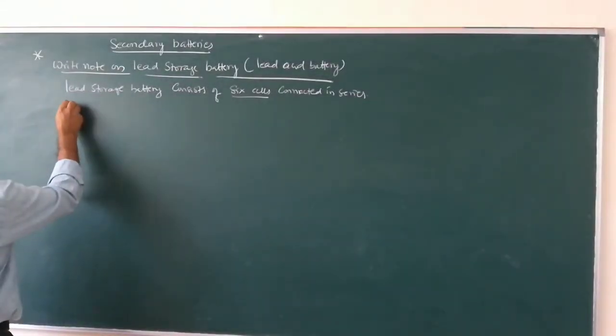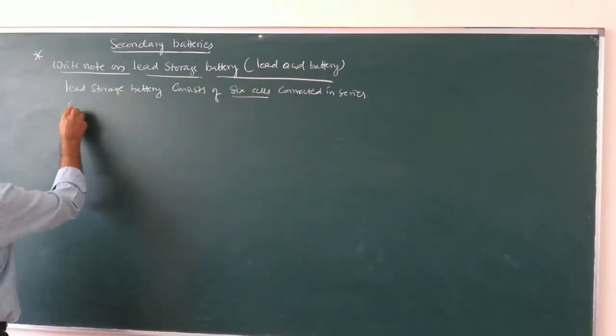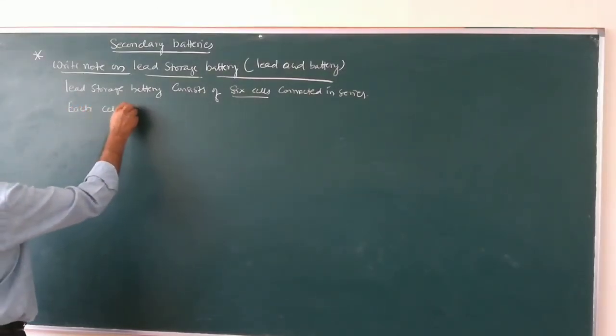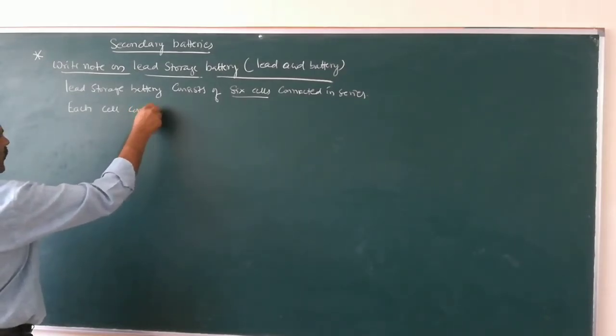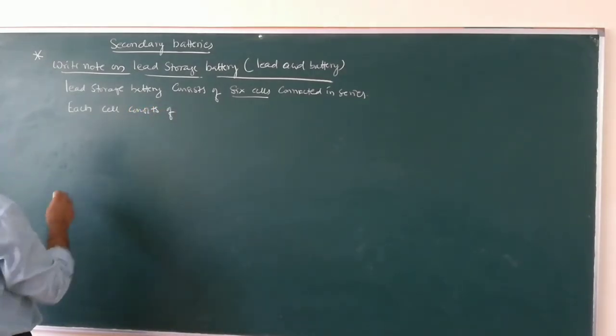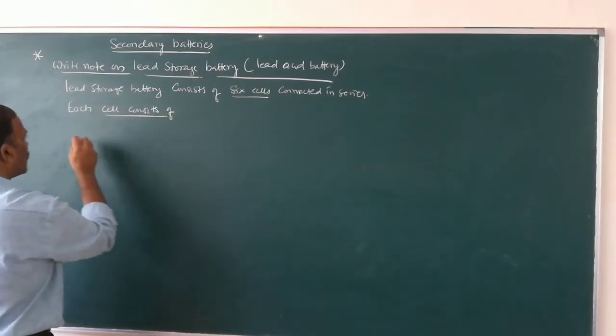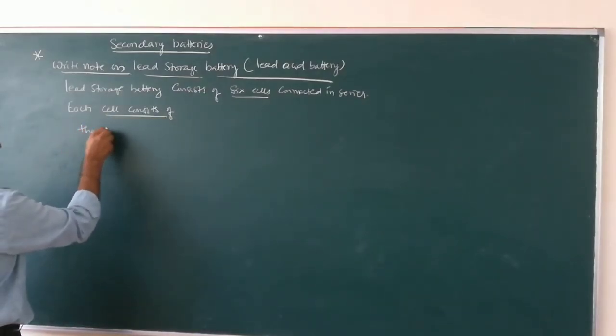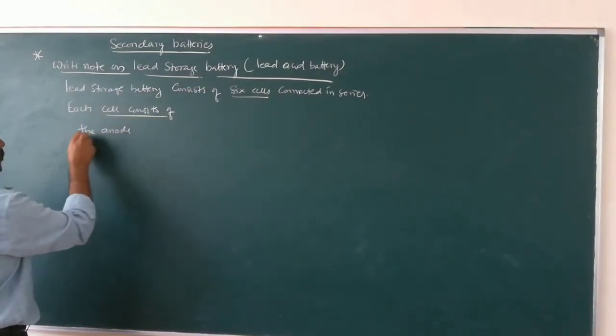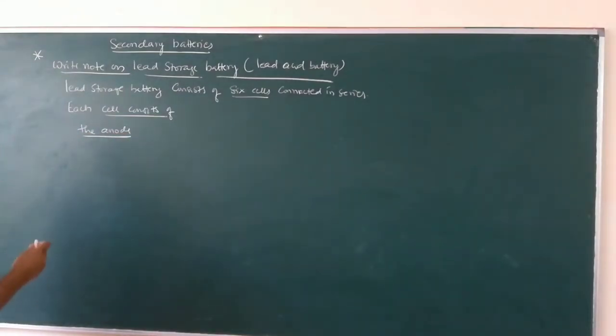So each cell consists of the anode. So in each cell you have to remember which is the anode, which is the cathode, what are the electrode reactions, what is the cell potential.